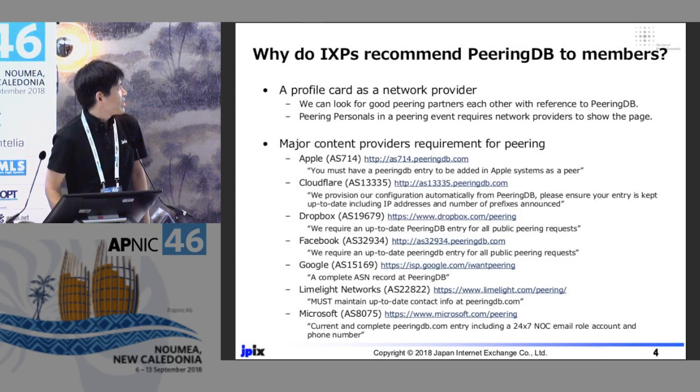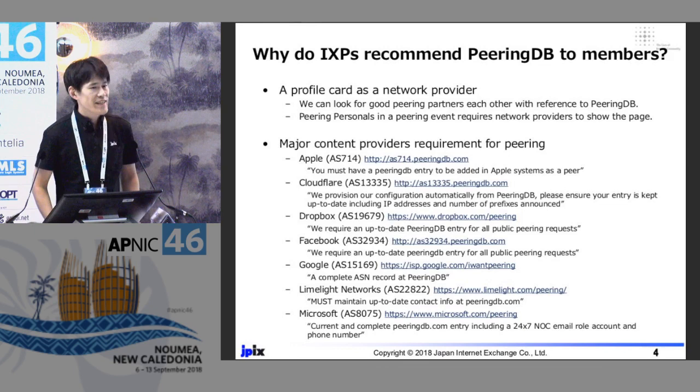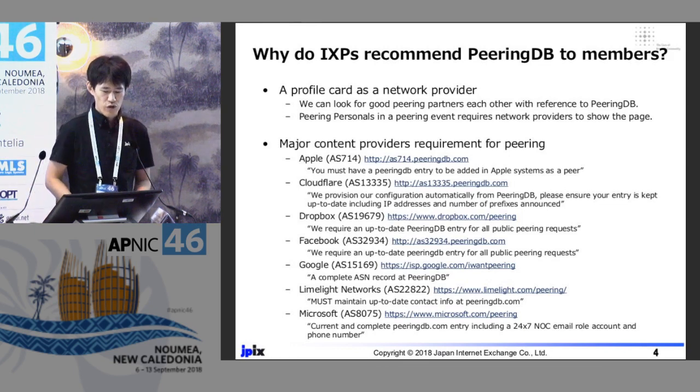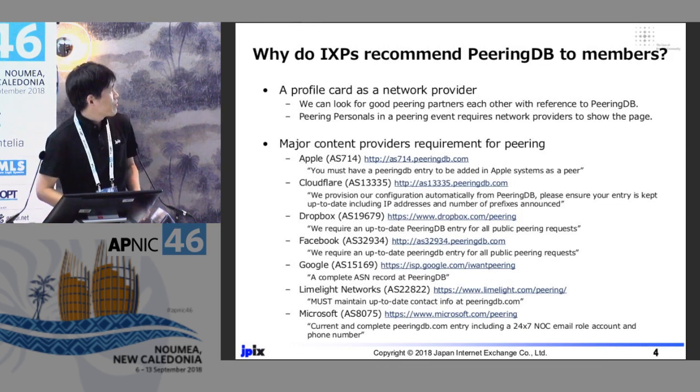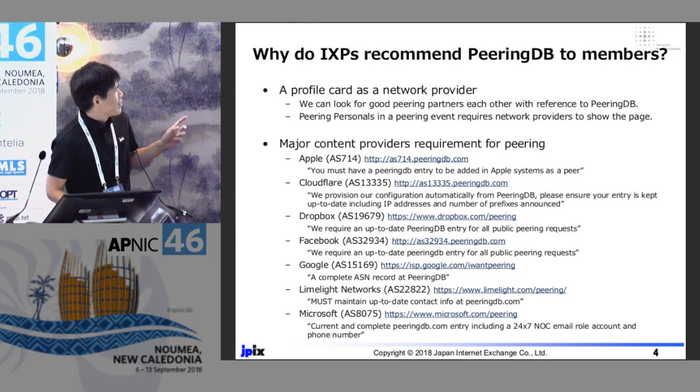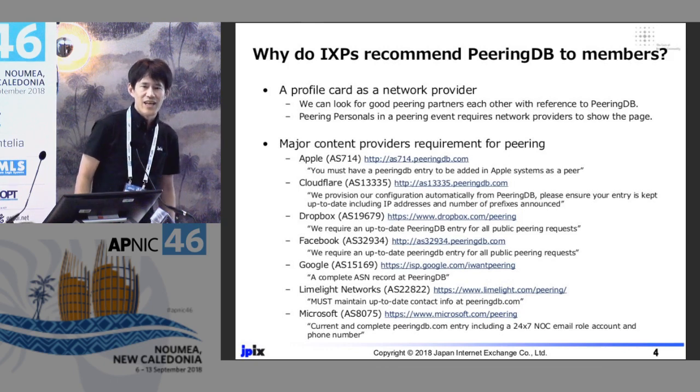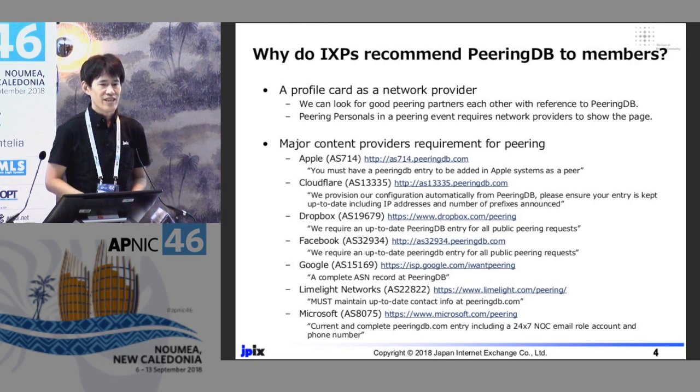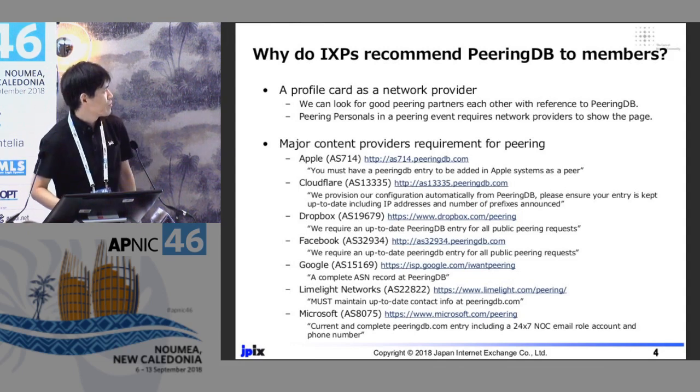And the second point is that content providers have a requirement for peering. As you can see on this slide, Apple, Cloudflare, Dropbox, Facebook, Google, Limelight, Microsoft, they require PeeringDB registration for the introduction of network providers for peering.